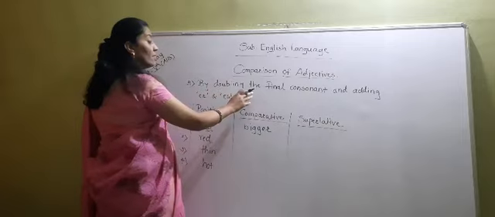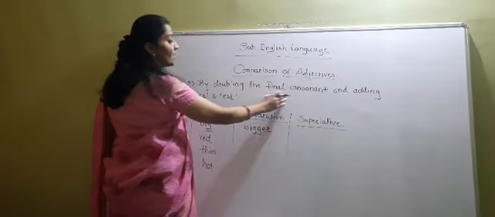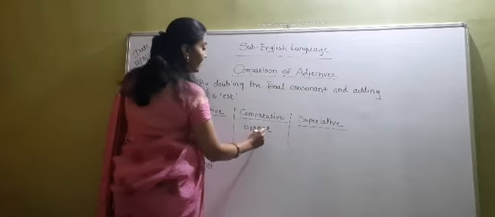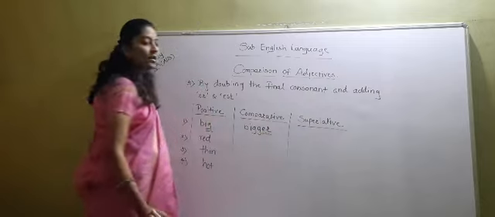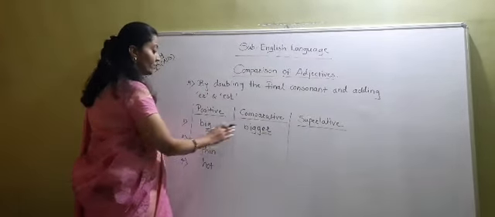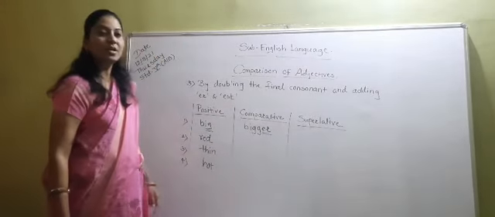And what we have written over here: by doubling the final consonant and adding ER and EST. So what did we do here? We have added ER to this word, so it has become bigger.